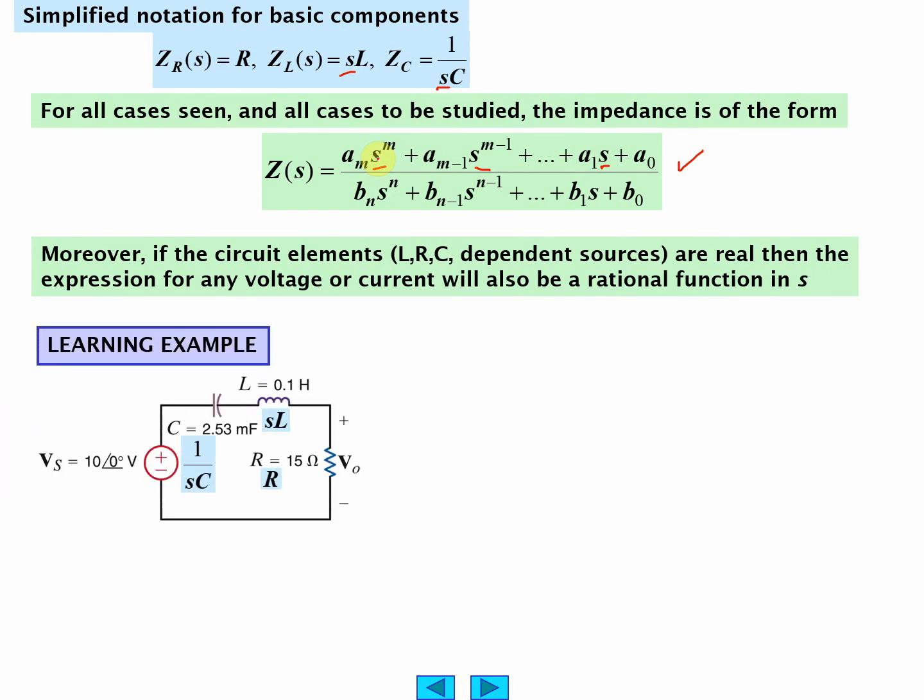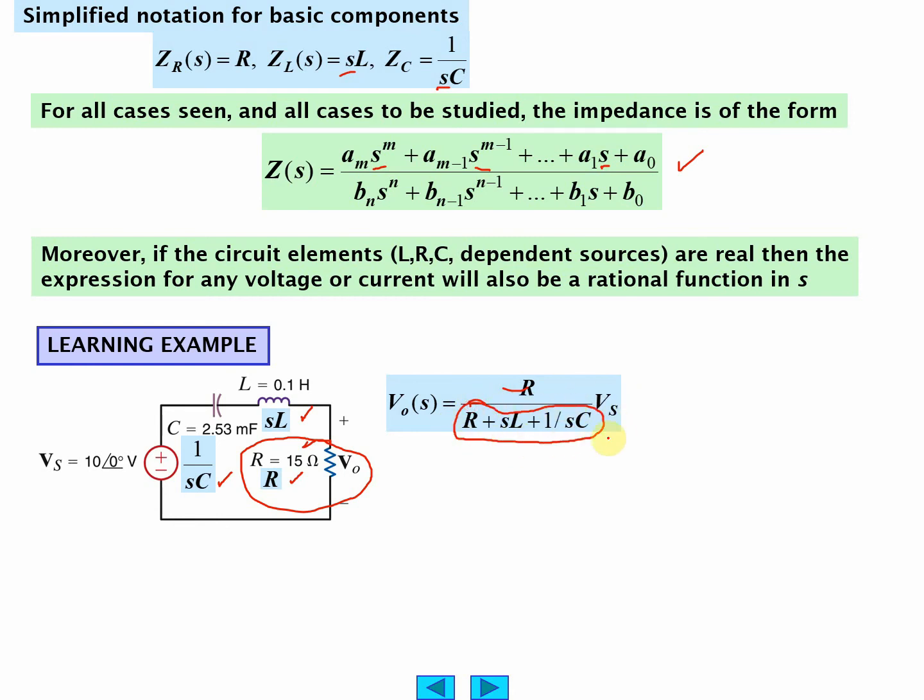So, for example, if you have this, here's the impedances of the components right there. And we can write V out as a voltage divider equation, the resistance here, divided by the total impedance. So V out equals V source times the voltage divider equation.